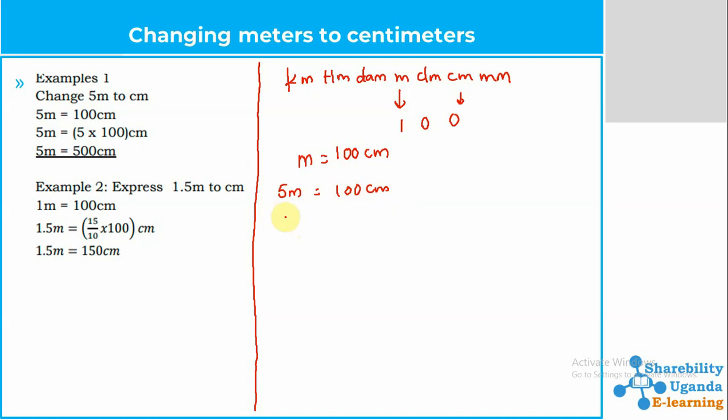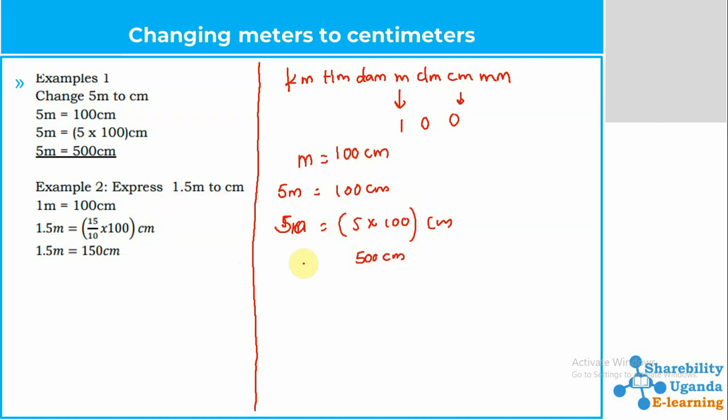We shall say our 5 meters is equal to 5, then you multiply by 100, all in centimeters. Then we are able to get 500 centimeters.